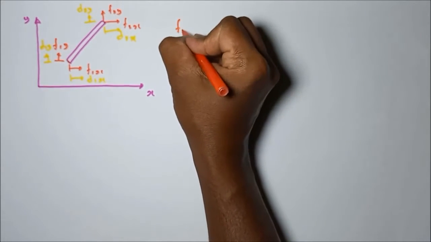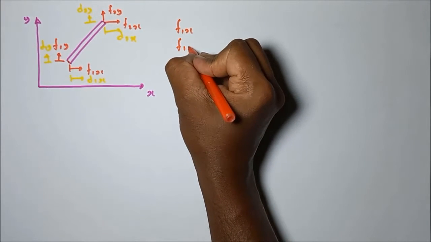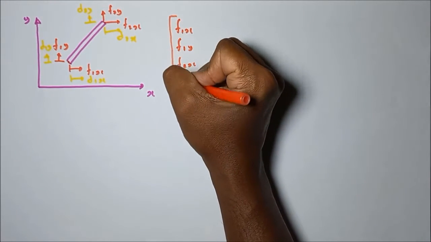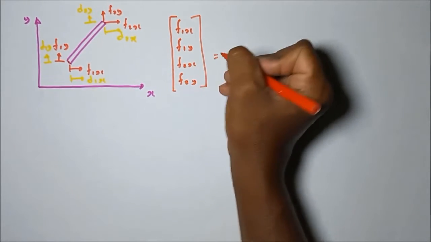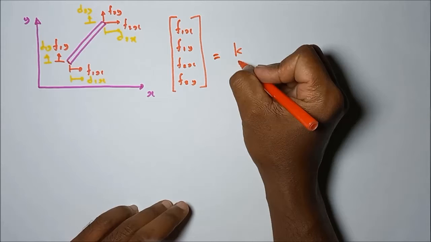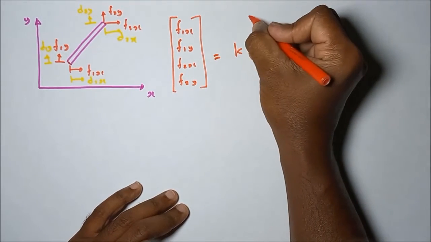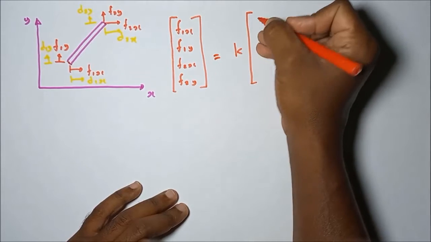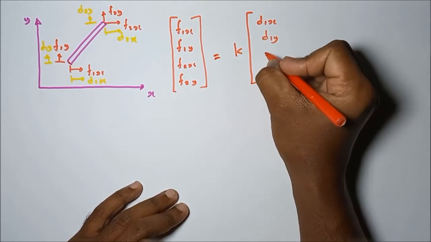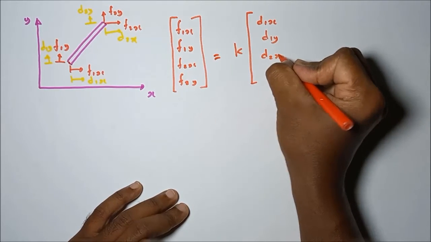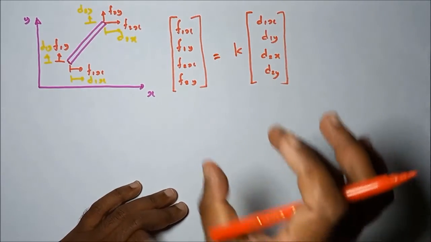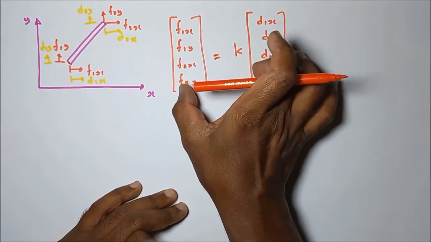That means f1x, f1y, f2x, f2y, then the element stiffness matrix with reference to the global coordinate system, then the nodal displacement vector with reference to the global coordinate system. Okay, we want this kind of equation.